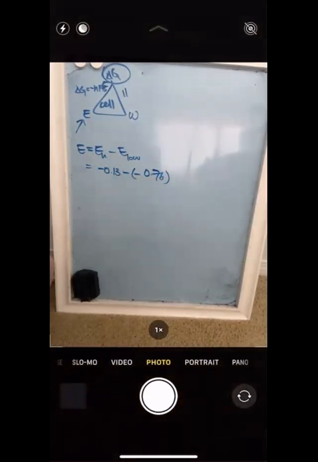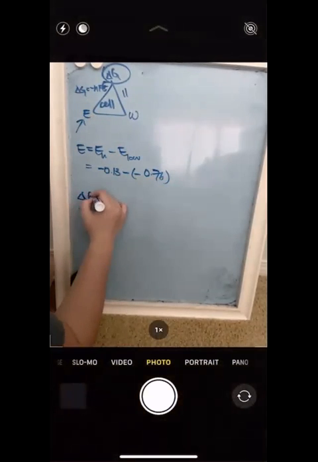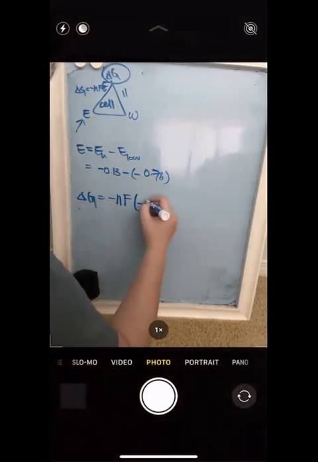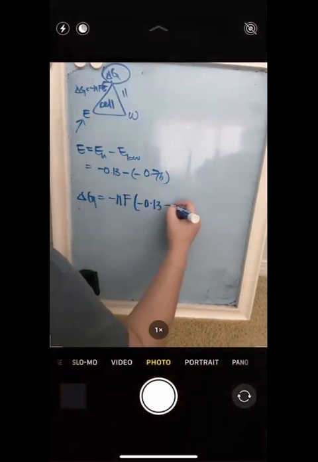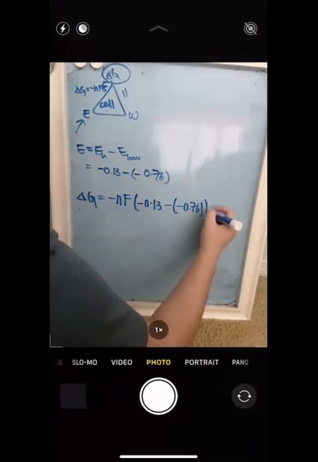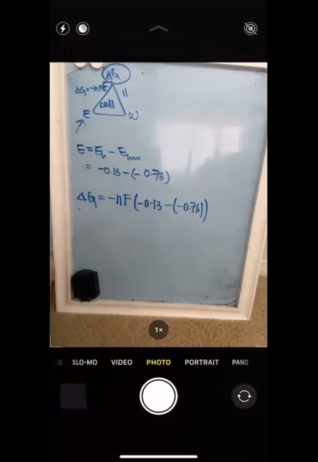And we can calculate that within our formula, right? So if we do delta G equals minus NF, and then I'm going to put it in, we can find our delta G. Now, F is a constant, and that's going to be given, but what is our negative N?